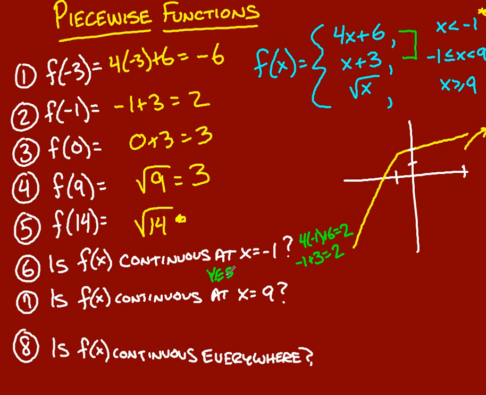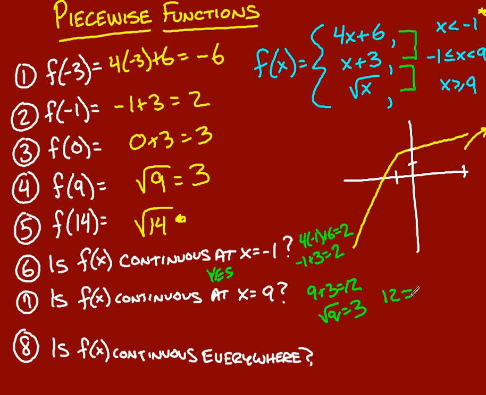That's all you have to do: plug into both sections around the breakpoint. Now, at 9, I'm going to plug into those two functions. If I plug 9 into the x plus 3 part, I get 9 plus 3, which equals 12. If I plug it into the bottom part, the square root of 9 is 3. Are those the same number? Not even close.